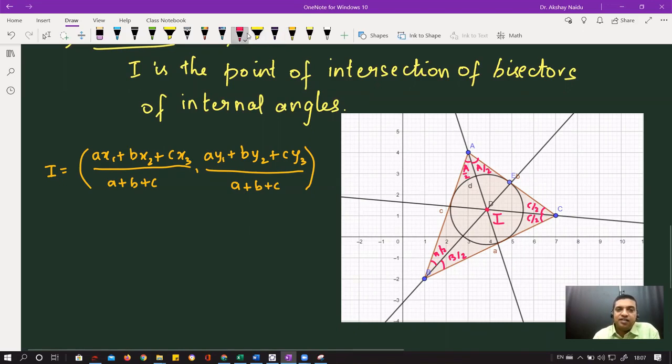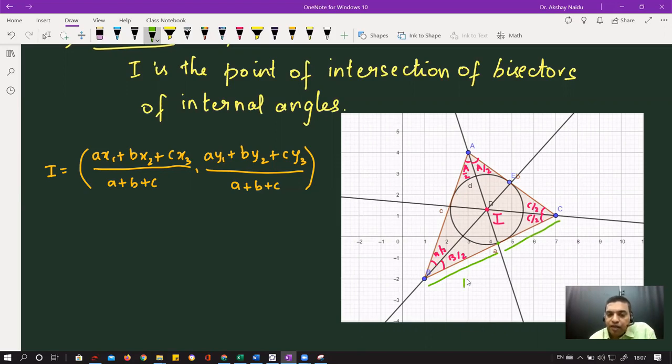Okay, you can try this out. I'll use green pen here. So the internal bisector of angle A is dividing this side and this side in which ratio?